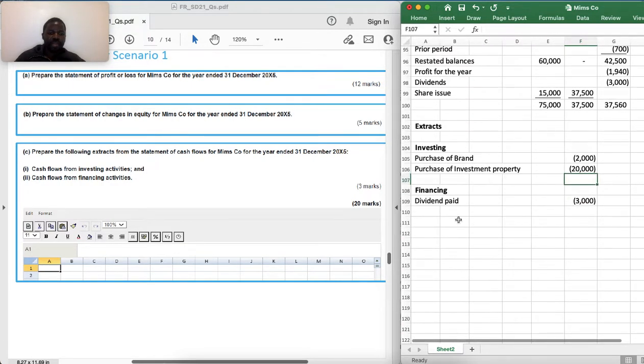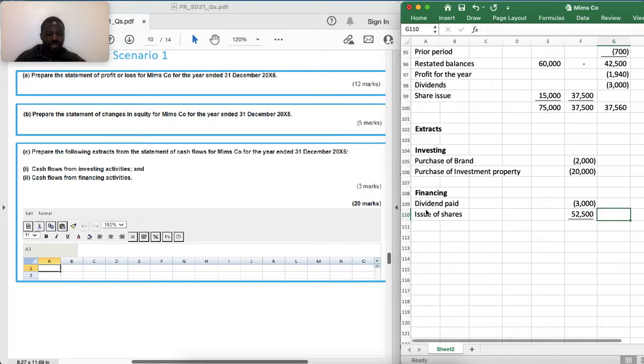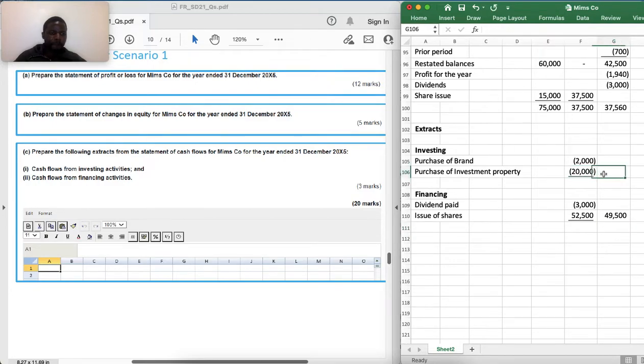So let's go up. Issue of shares is financing. Issue of shares. It's an income, money coming in 52,500, like that. Then we have to sum up these. So we'll sum like that.